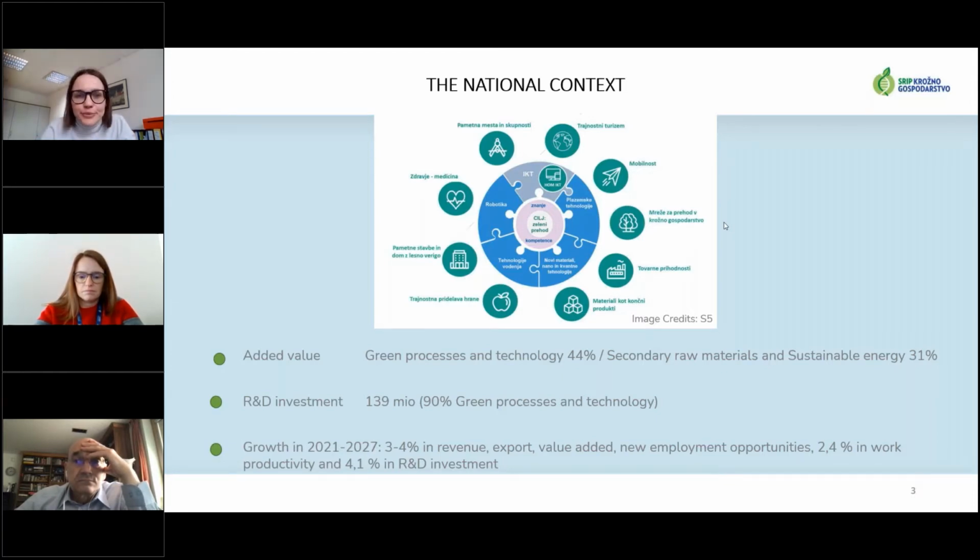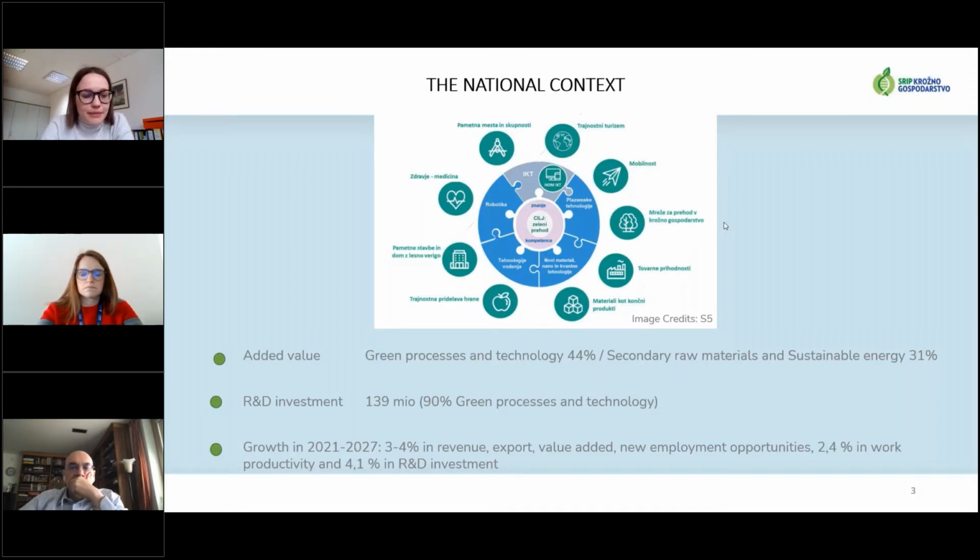So I dared to already take this scheme from the new strategy, where you can see that the main goal of the Slovene Smart Specialization Strategy is the green transition, and the transition to circular economy is one of the priorities of the smart specialization. We don't have regions in Slovenia, that's why we are always presenting the whole country as such.